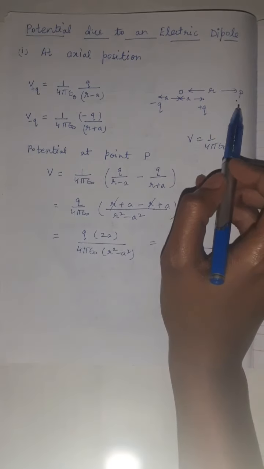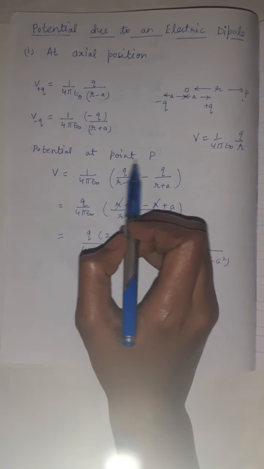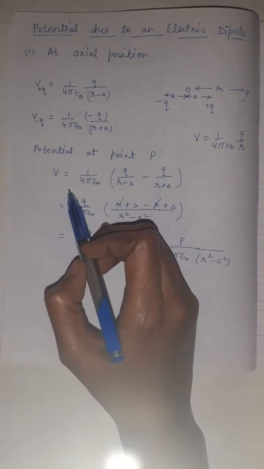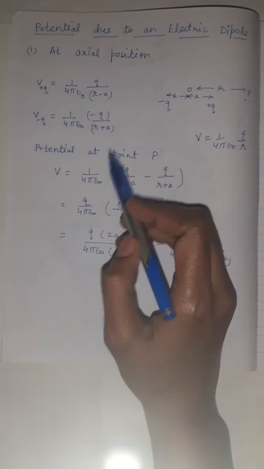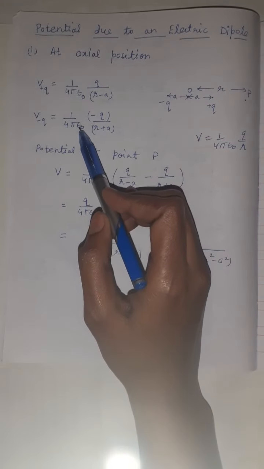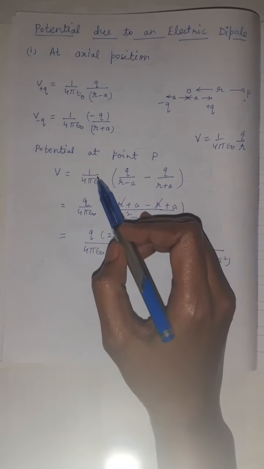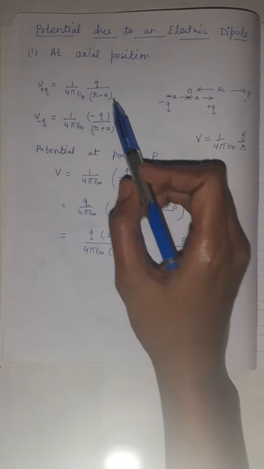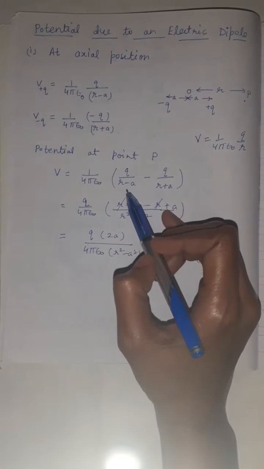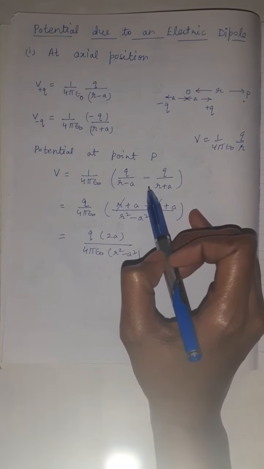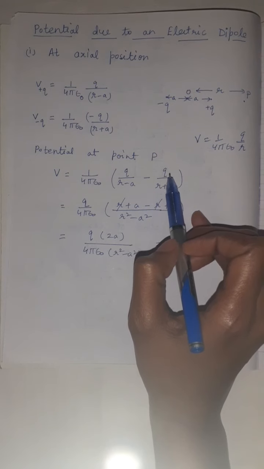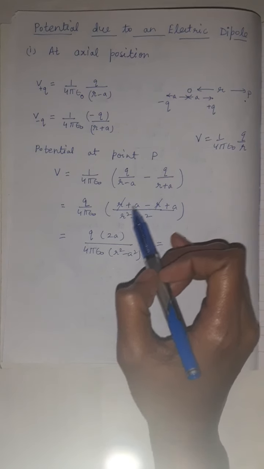Now we will calculate the potential at P by adding these potentials. So the total potential at P will be equal to, we will simply add these two equations in which 1 upon 4 pi epsilon naught is common. So we will take it outside, and q upon r minus a, and due to the negative charge, minus q upon r plus a.